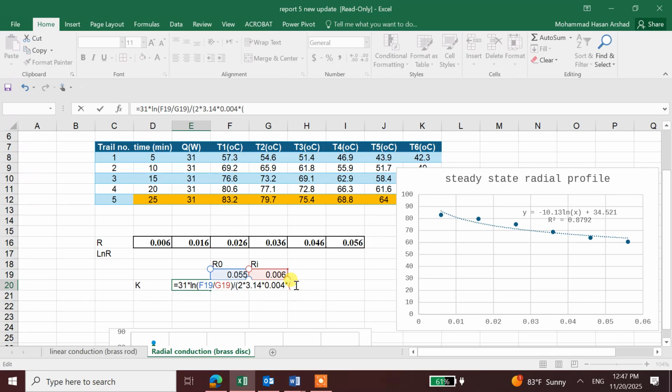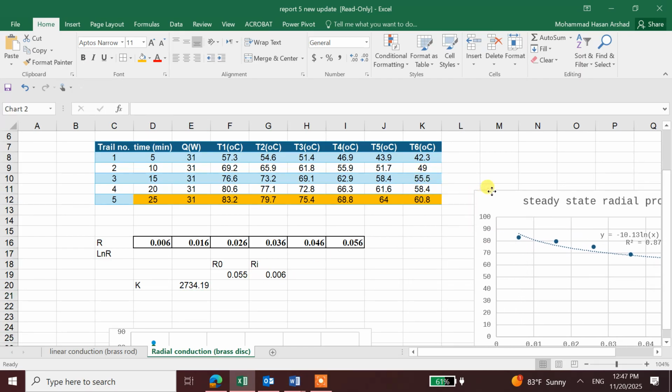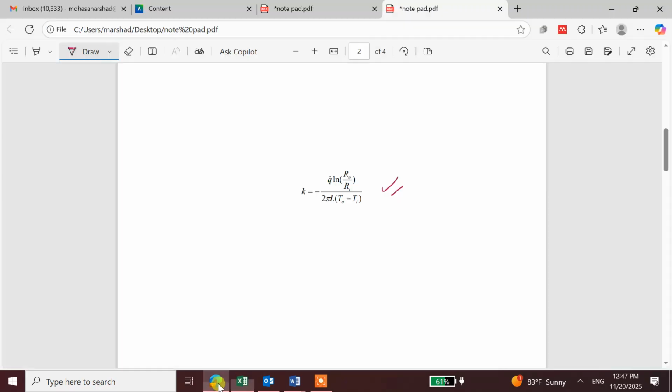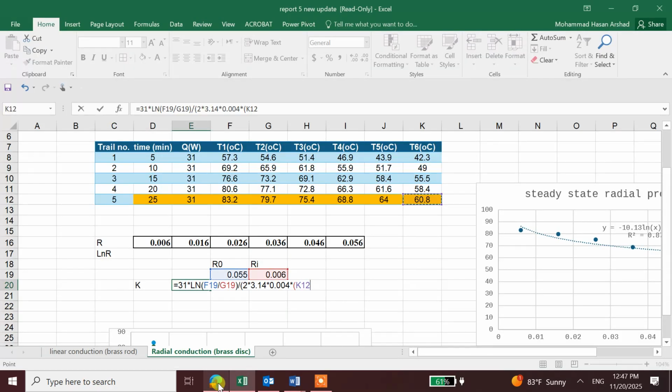Just wait. So this is 2 pi L k times outer T6 minus inner T1.